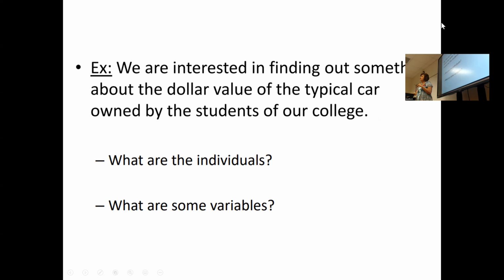So how many of you say that the individuals, what we're trying to find out information about, is students? What else could it be? Could be the car, because is there something specific about the cars we're trying to get information on? I think so. So if we said the individuals involved would be the cars, what would be the variables?